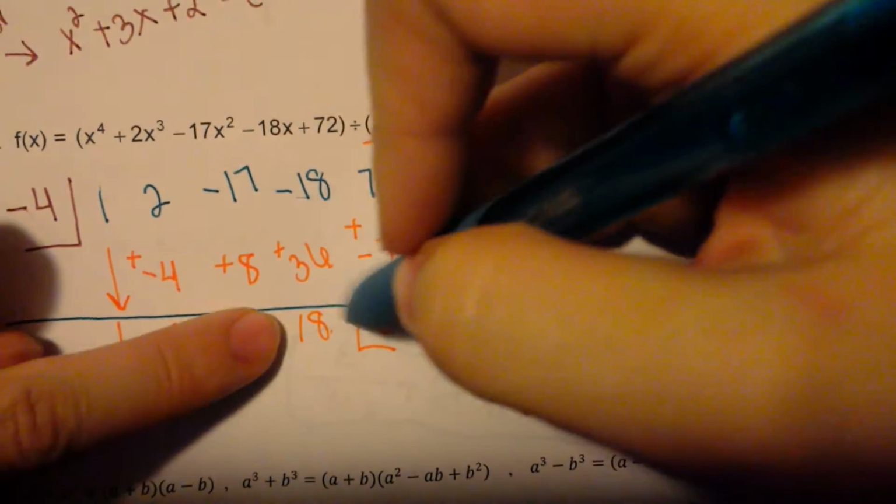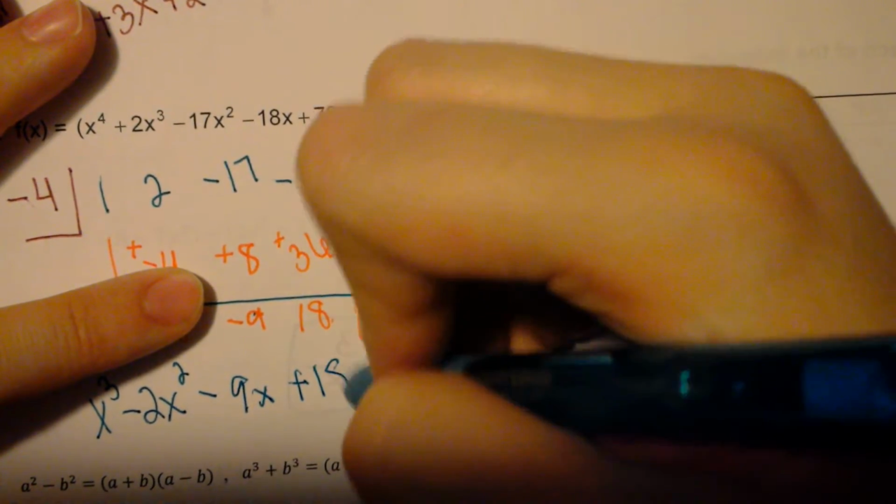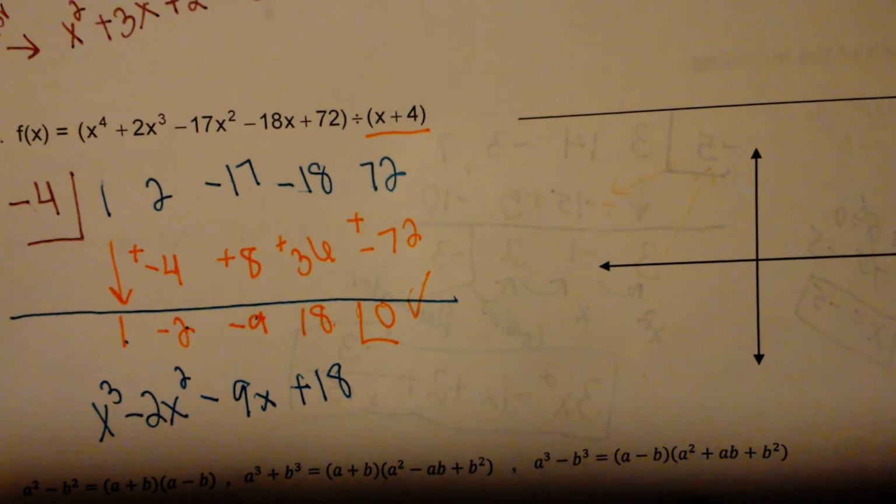So that's my constant, my x squared, my x cubed. So I have x cubed minus 2x squared minus 9x plus 18. And I gotta factor this.